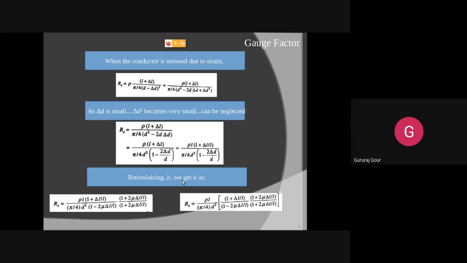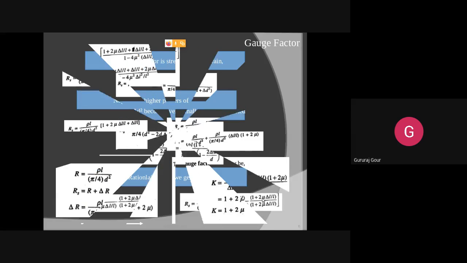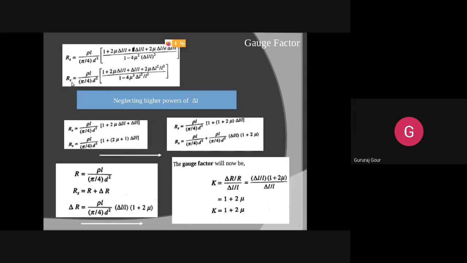Then we go for rationalizing this equation, which we know very well. Multiplying and dividing by the same factor will not affect the value of Rs. If you go on resolving it, finally we arrive at Rs equal to this big equation.